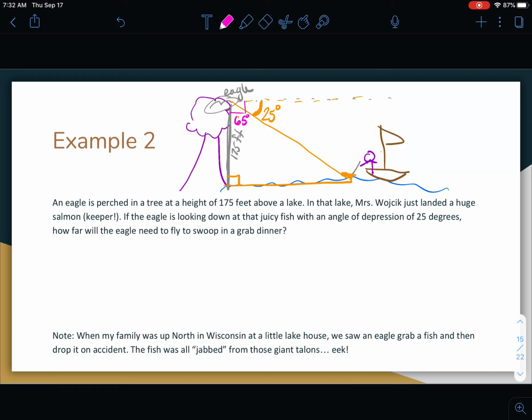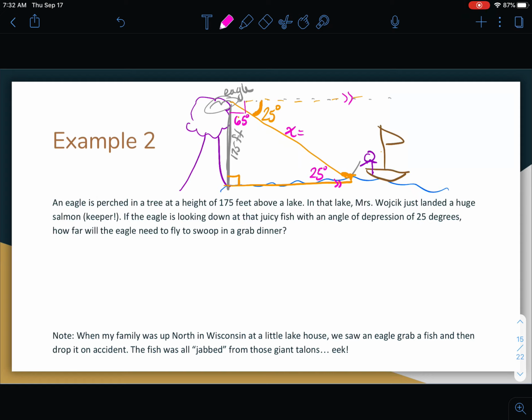So if we take this, we would get 65 degrees inside because we know that 65 plus 25 is 90 degrees. So now we have 65 degrees, and guess what? We have 25 degrees here. So just bringing back a little geometry information, we have alternate interior angles, and we're looking at these two parallel lines right here. Okay. All right, so our goal is to find what?